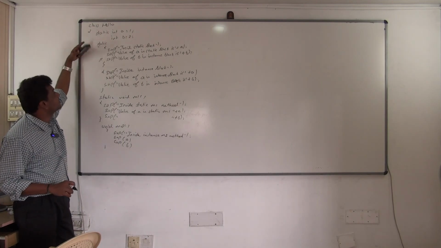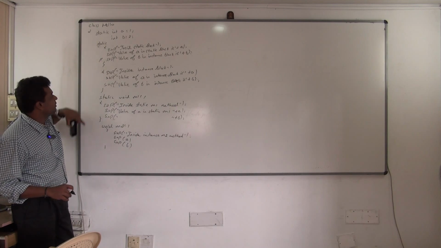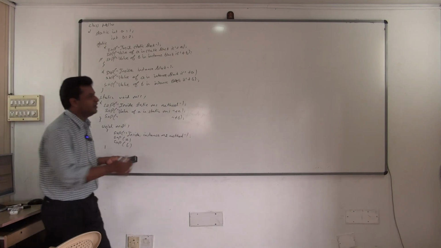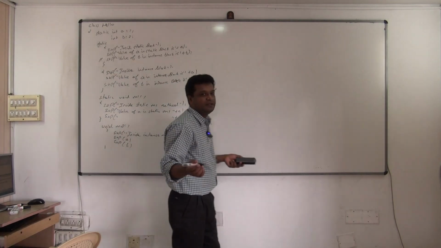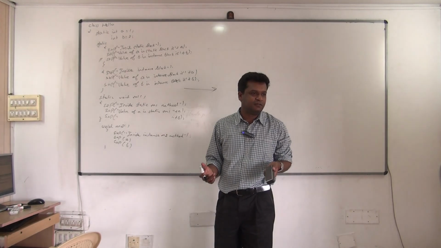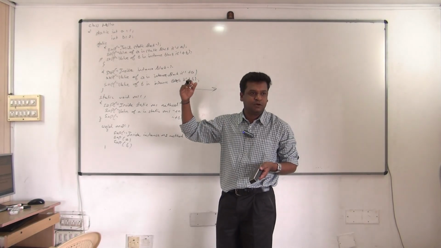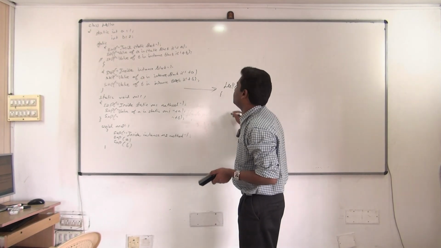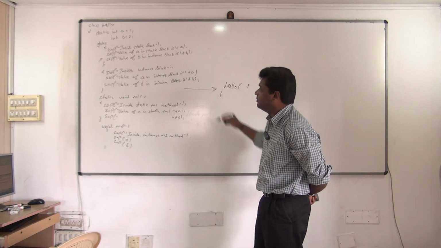So variables can be accessed in blocks. I didn't access them in the constructor yet. After this I'll write the constructor somewhere here. You can write the constructor at the last also, I'm not saying no. But the general convention we follow is variables first, blocks next, then constructor. So I'll write the constructor here, after the instance block.